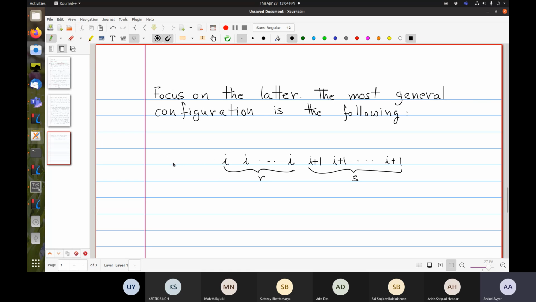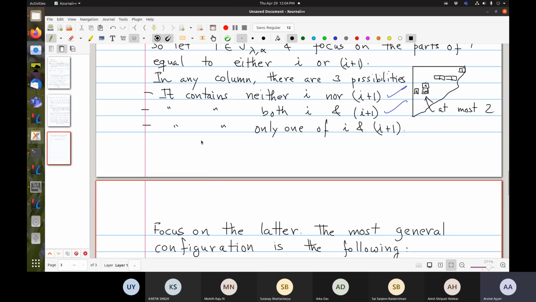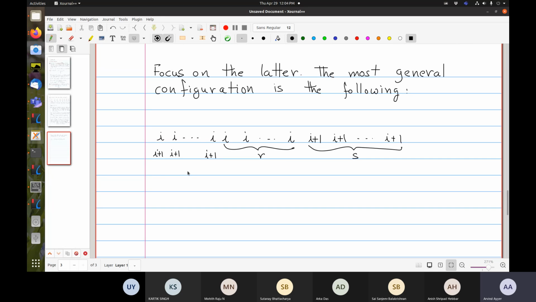And before this, there could continue to be I's. But below them, there is I plus 1s. So these are columns of type 2, which contain both. And similarly, over here, you could continue to have more I plus 1s, such that above them, there are I's. I claim that this is the most general configuration that can happen.